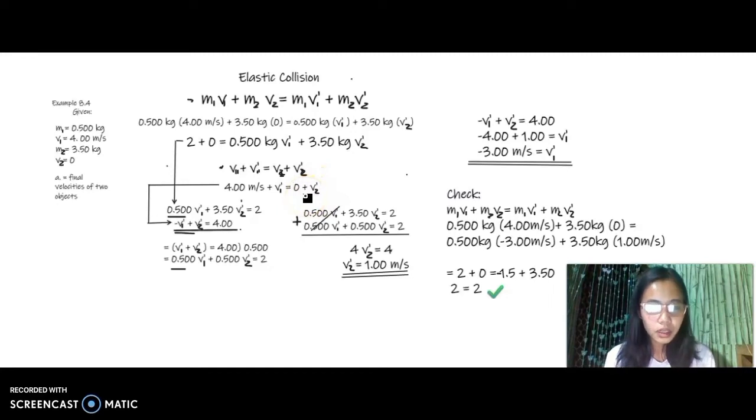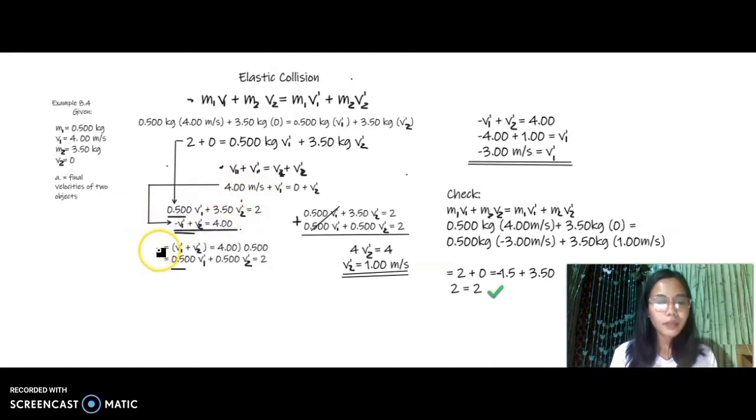Now, since we are finding the velocity, we're just going to transfer the v prime 1 to the left of the equals. So it's going to be negative v prime 1 plus v prime 2 equals 4 meters per second.